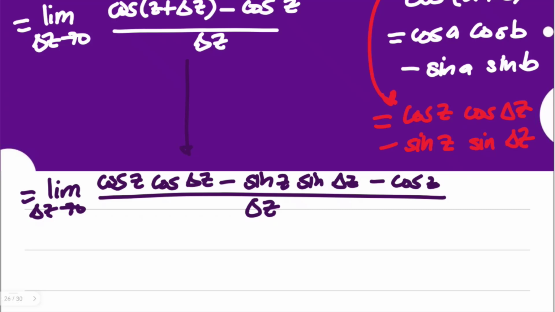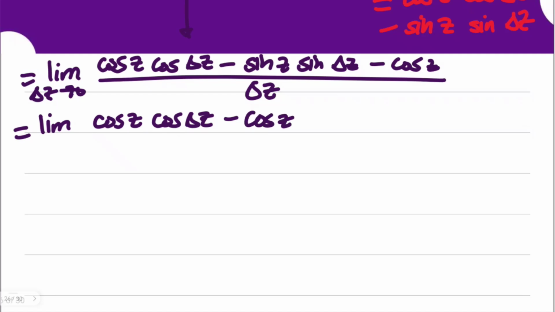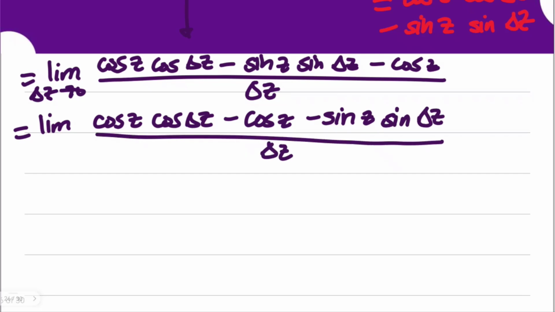Allow me to rearrange the terms. I would like to place it here because we have a common term of cosine z. So we have cosine z, cosine of delta z, minus cosine of z. Then I'm going to write the second term as my third, minus sine z, sine of delta z all over delta z as delta z approaches 0.